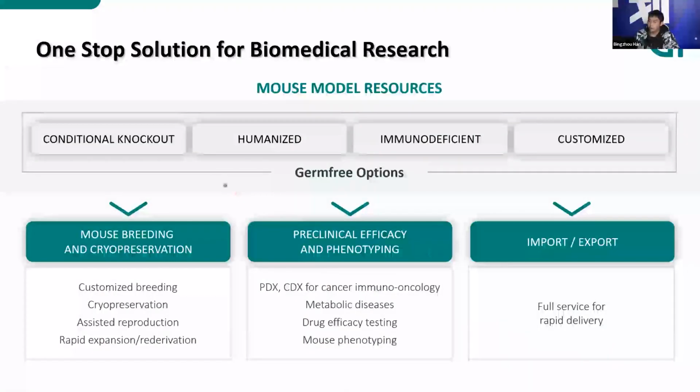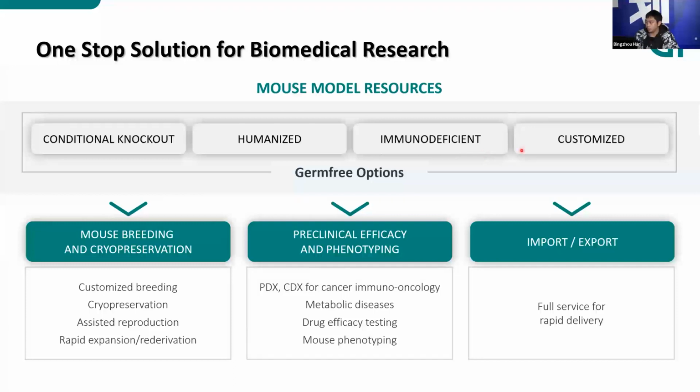And we provide one-stop solutions for biomedical research for our customers, both in the scientific and in the industrial field. We can offer conditional knockout lines generated by our KOAP project, humanized strains by our drug screening strains, and we can also offer immunodeficient strains and some of the genetic disease strains.